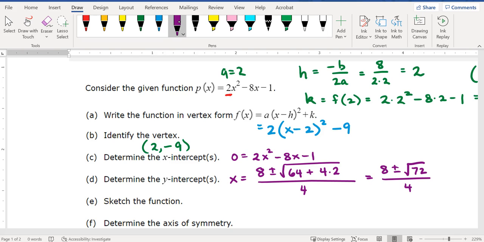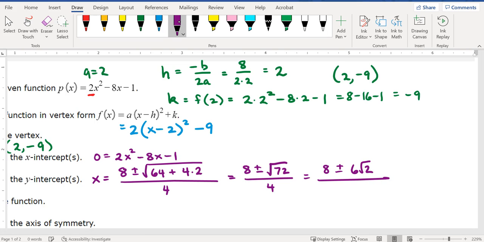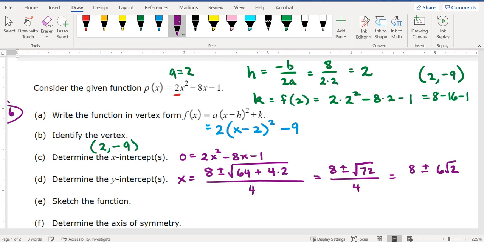Okay, will the square root of 72 simplify any? 72 is 2 times 36, and 36 is a perfect square. So I can write that as 6 root 2. So here we go. We've got 8 plus or minus 6 root 2. And instead of saying all over 4, I can divide both terms by 4.